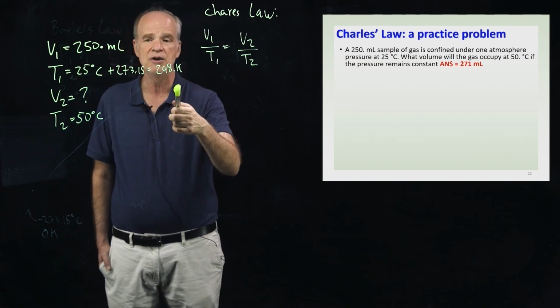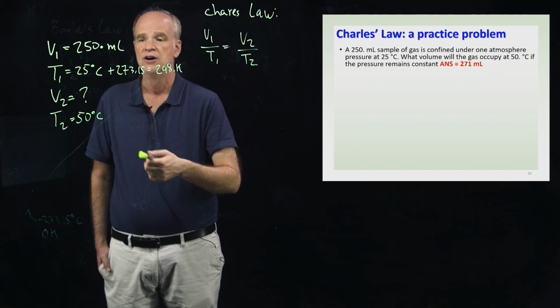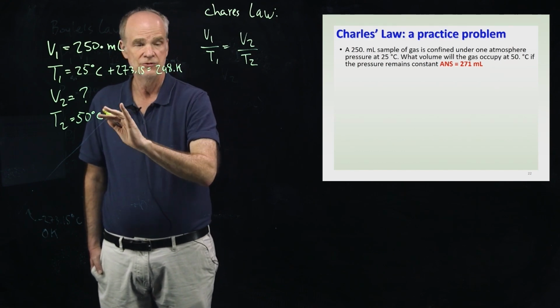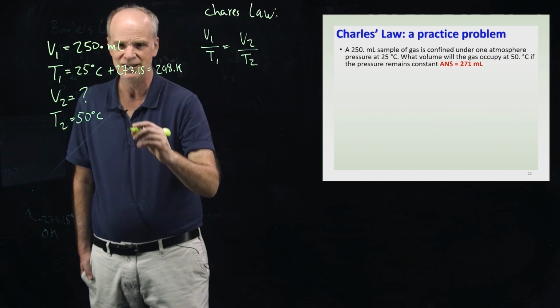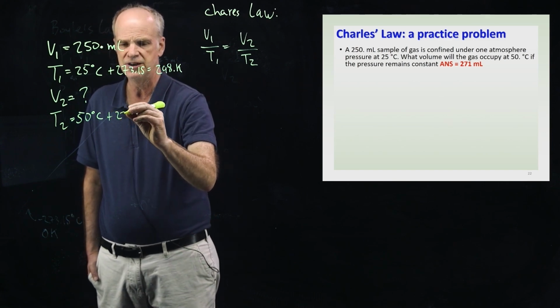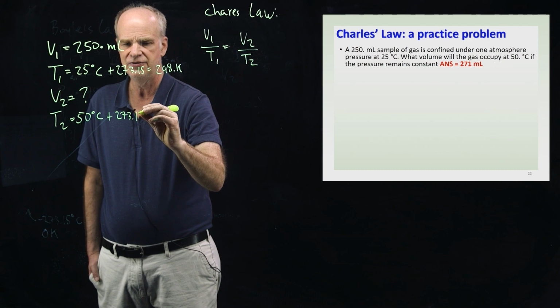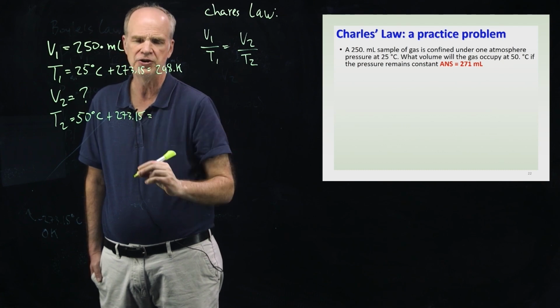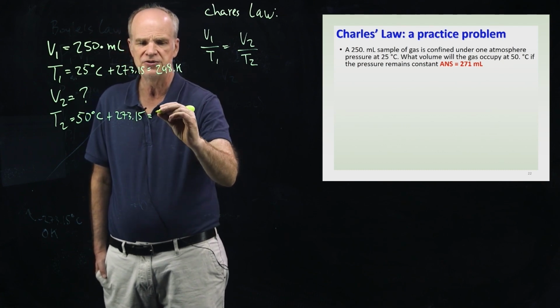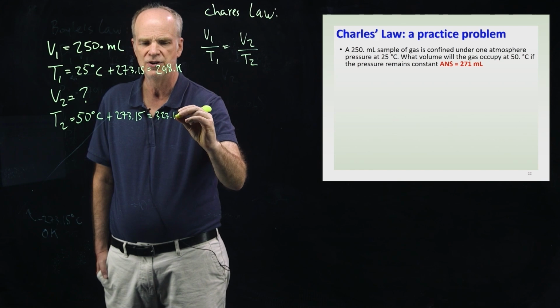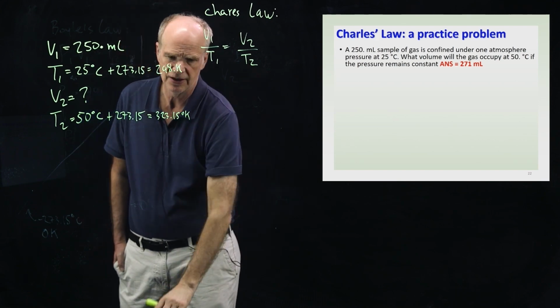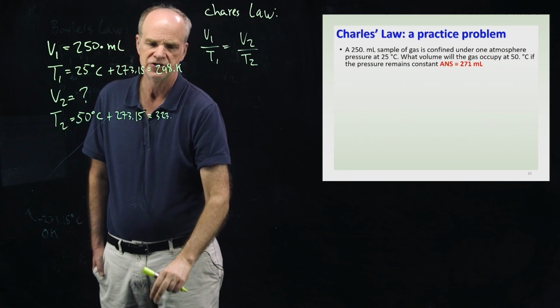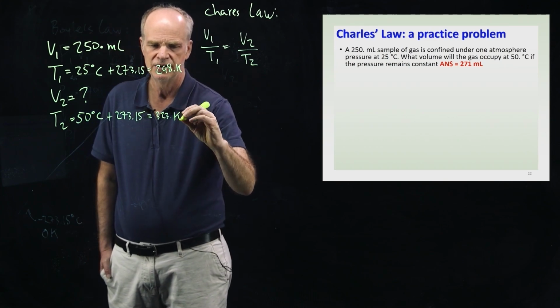Okay, now that we have our temperature in Kelvin, actually, we have to convert this 50 degrees Celsius into Kelvin too, right? So we're going to add 273.15. And so this is going to be 323.15 degrees Kelvin. But again, I want to round this to the correct number of significant figures. So it's going to be 323 Kelvin.